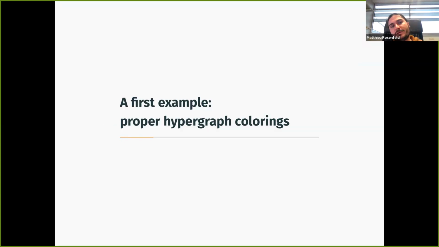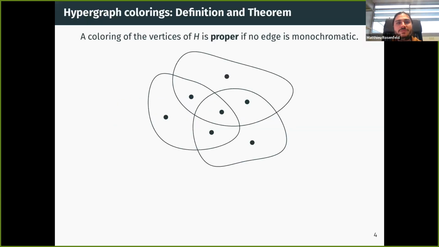The first problem I want to look at is proper hypergraph colorings. Let me remind the definition that might be useful. I'm going to say that a coloring of the vertices of a hypergraph is proper if no edge is monochromatic. For instance, here I have a hypergraph, where the dots are the vertices and the bags correspond to the set of edges, the hyperedges.